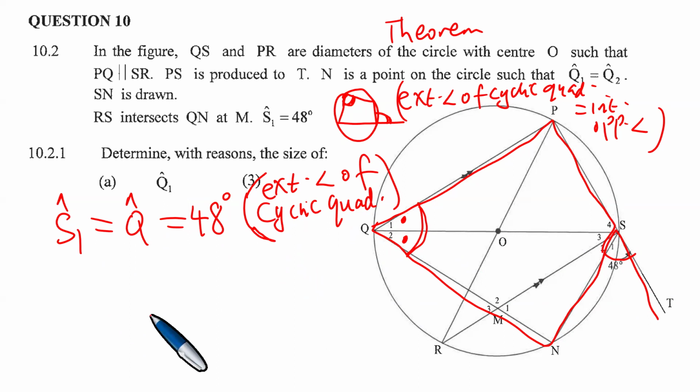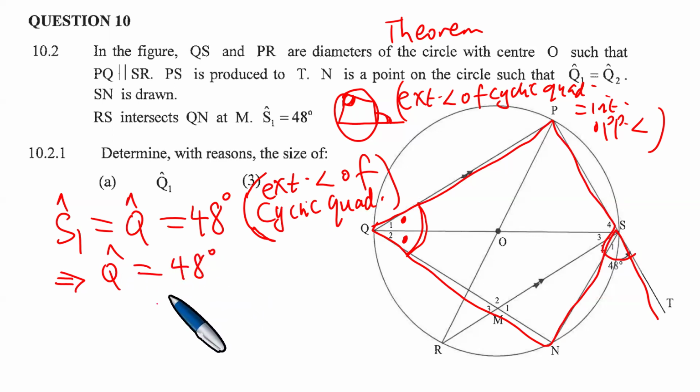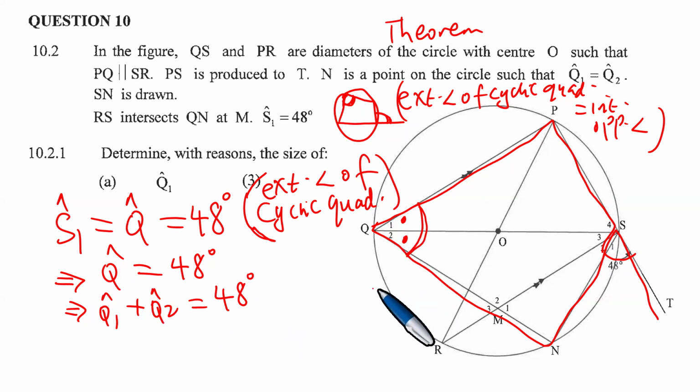Next, the implication is that angle Q equals 48 degrees. Angle Q1 plus angle Q2 is equal to 48 degrees. The angle Q is Q1 and Q2 combined.